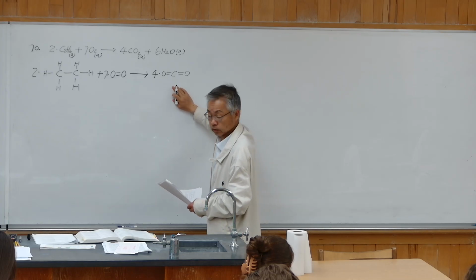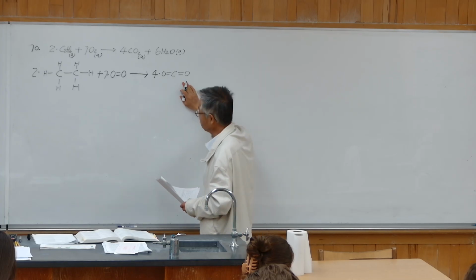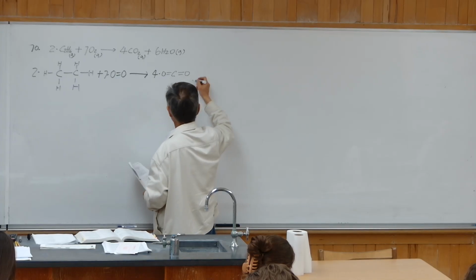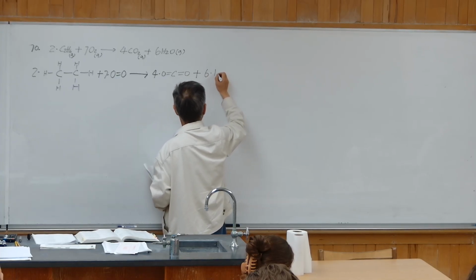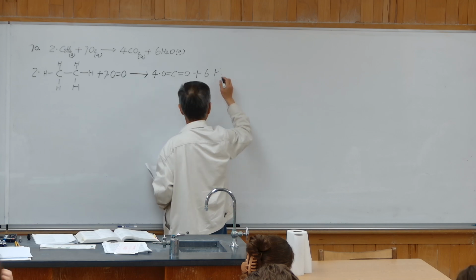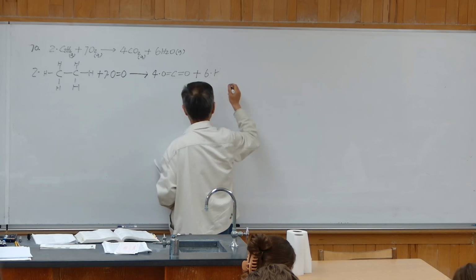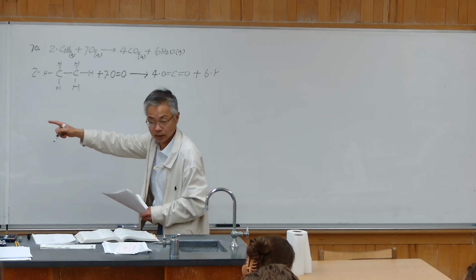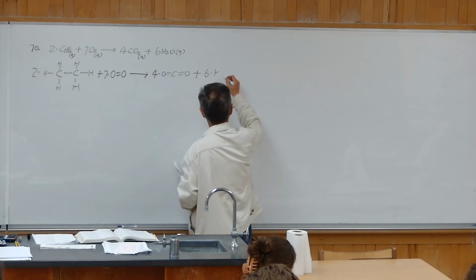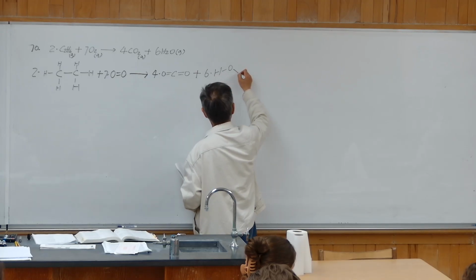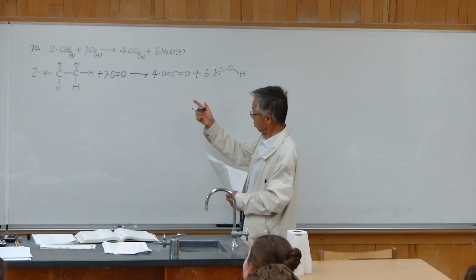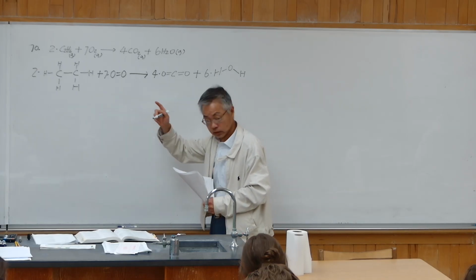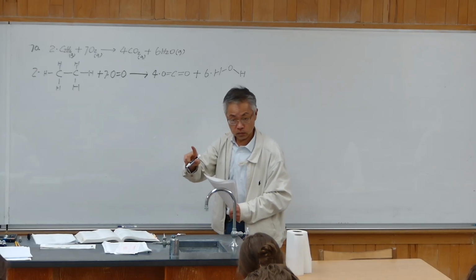Carbon in the center, oxygen surrounding it, 2 double bonds, plus 6 water. Remember, I showed you the water Lewis structure. Water has 2 oxygen-hydrogen single bonds. So by writing the Lewis structure, we can easily count how many bonds of each type.